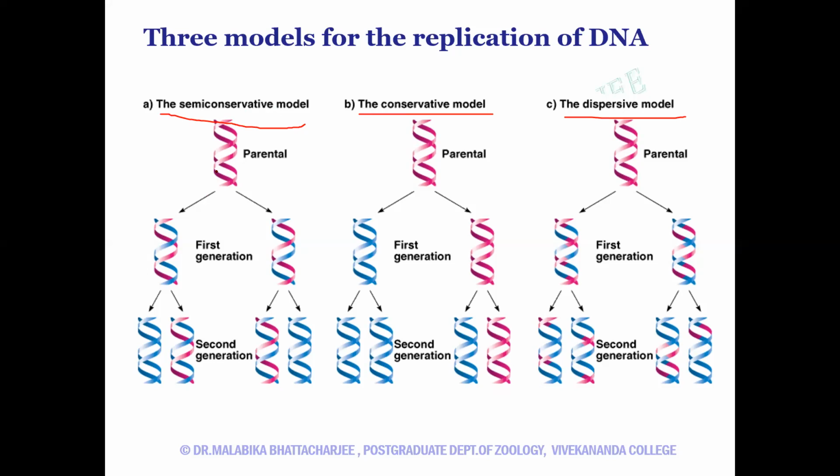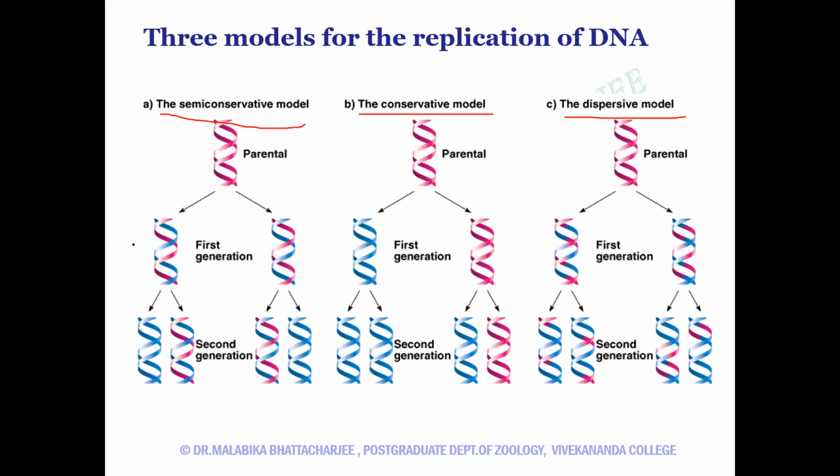So if this is the parental generation, these are the daughters. So you can see the double helix of each daughter molecule contains one strand from the original DNA molecule and one newly synthesized strand. So if we see the parental color to be pink, you can see that the daughter is having one pink strand which is acting as the template, and on that template a new blue strand is being synthesized.